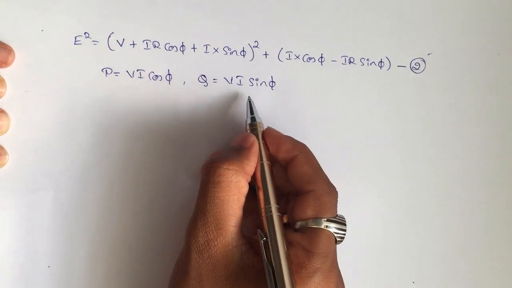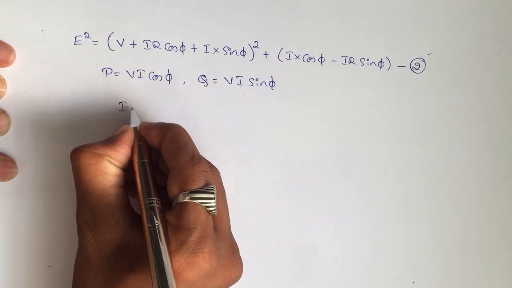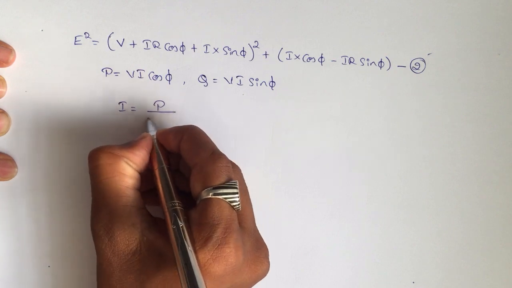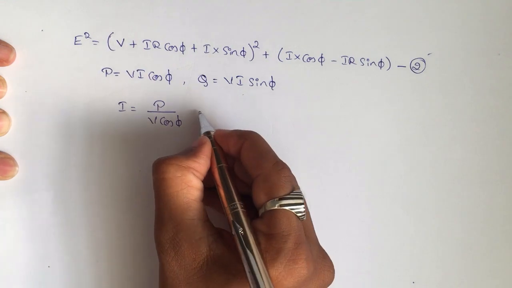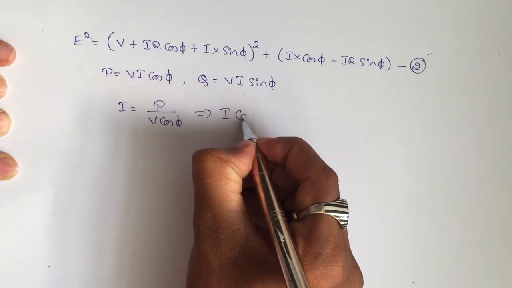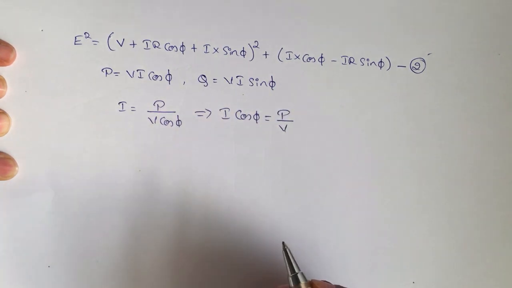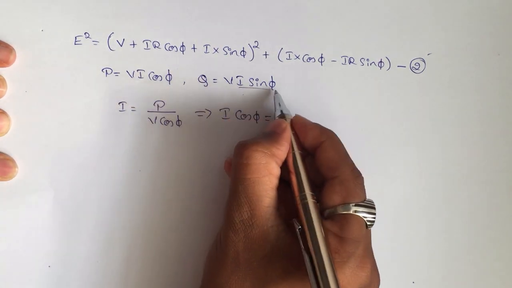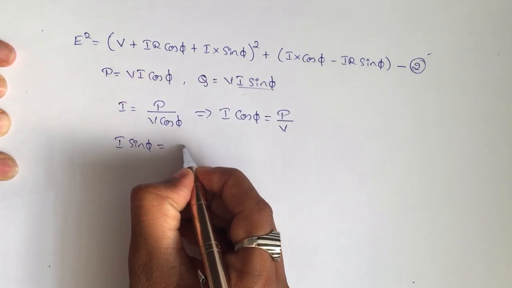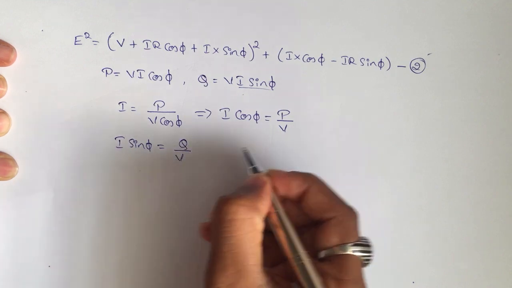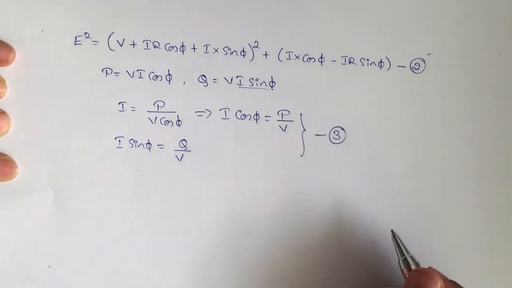If we rearrange this with respect to current I, for the first one, I is equal to P divided by V cos phi, or we can mark it as I cos phi is P divided by V. And for I sin phi, it will be Q divided by V. Considering these two as our equation number 3.